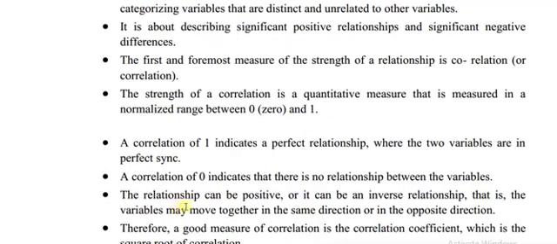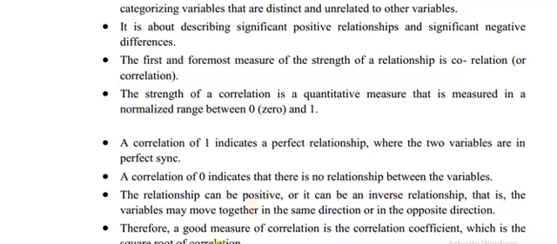The relationship can be positive or it can be an inverse relationship, that is, the variables may move together in the same direction or in the opposite direction. The relationship is positive if they are in the same direction. If they are in the opposite direction, then we get the relationship as negative.